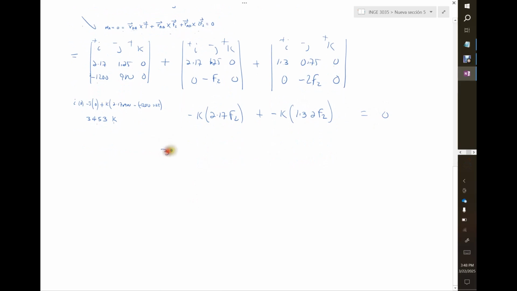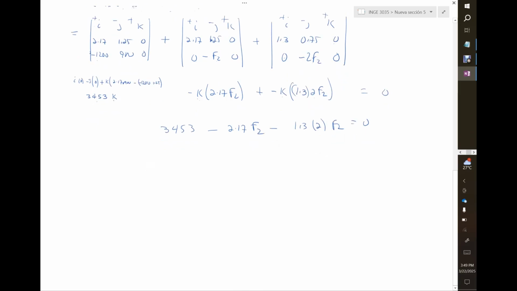So the story is 3453 plus, in this case, minus 2.17 F2. Notice that we are adding everything that is on the k-axis. Minus 1.3, oops, this is 1.3 times 2, and that's F2 equals 0.